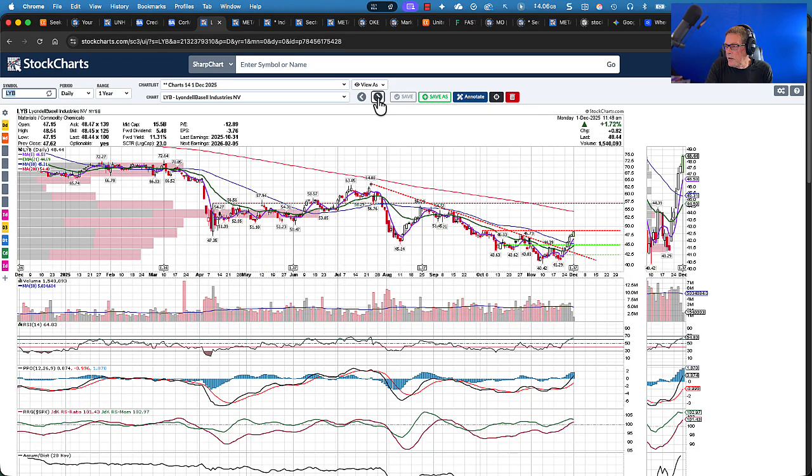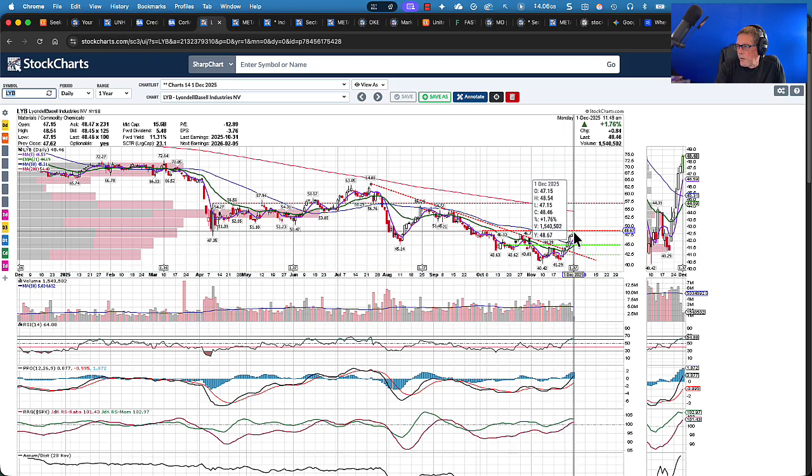Lyondell Basell, they've been in pretty much a confirmed downtrend for quite a while. They did break out above that level, and on a down market day, they're actually up 1.79%. They've had almost a week of higher highs over the last trading week.